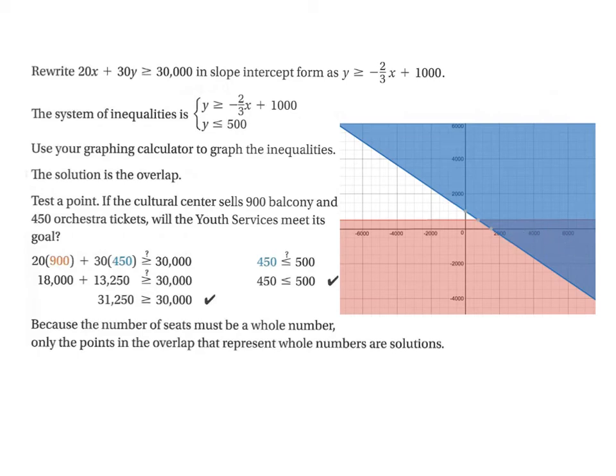Now, this doesn't really make a lot of sense because I've shaded into the negatives and I can't have negative seats. So really all of this stuff right here is where we're looking. All right. So we take a point, we plug it in, see if it works, and that's where the shading goes. But again, that's how you do it.